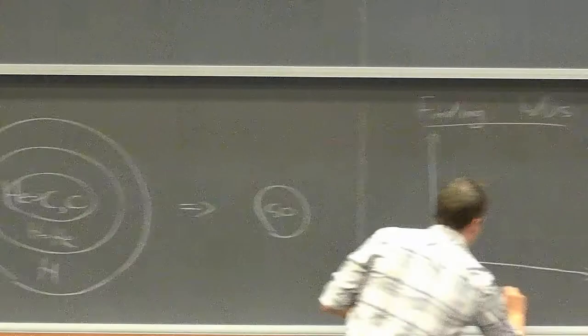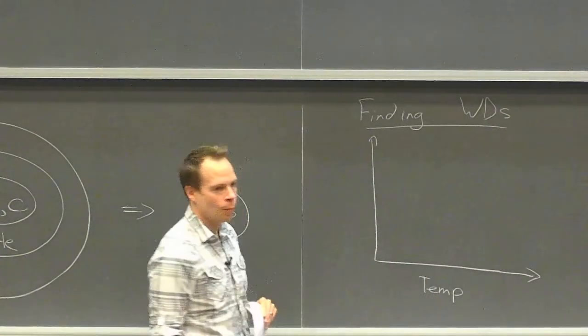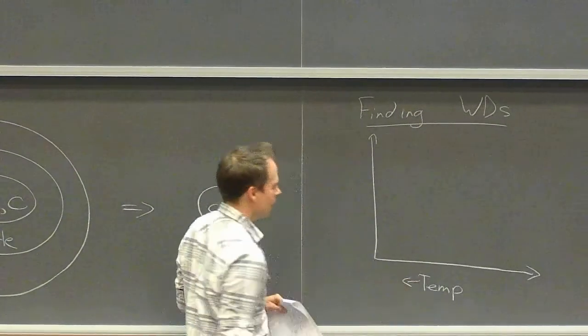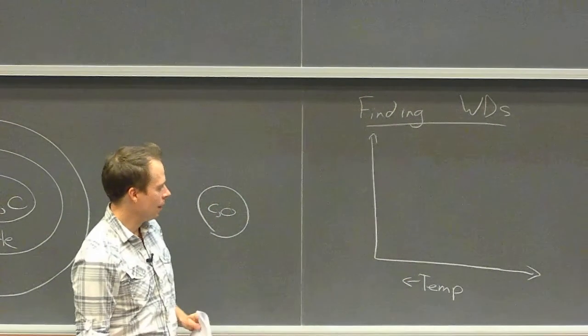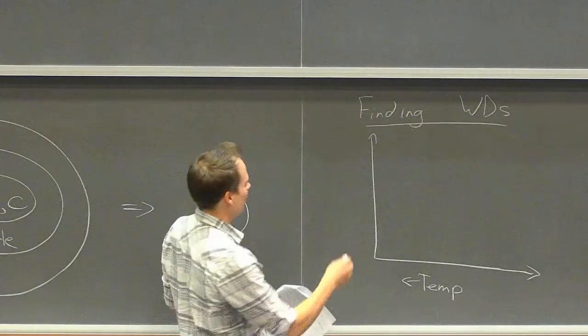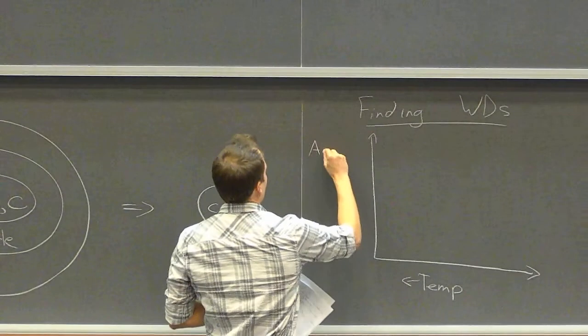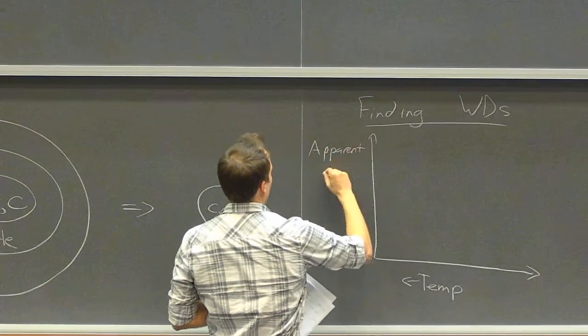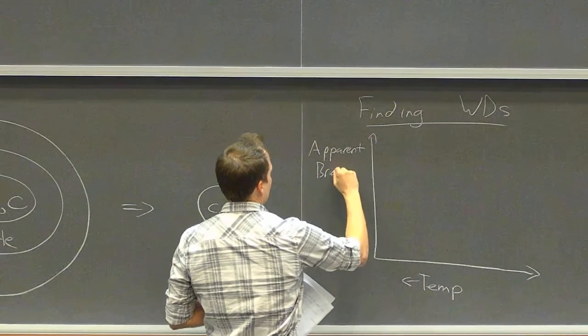What astronomers like to do is make brightness-temperature diagrams. They plot stars on some axes like this, where we always have temperature increasing to the left, because astronomers do everything backwards. And what you could do is just plot the apparent brightness of a star. You could just look at all the stars.